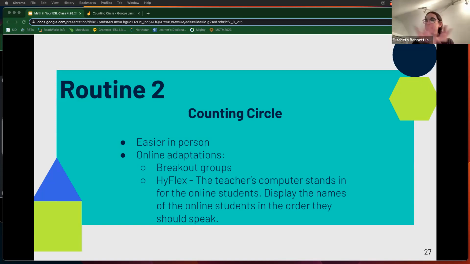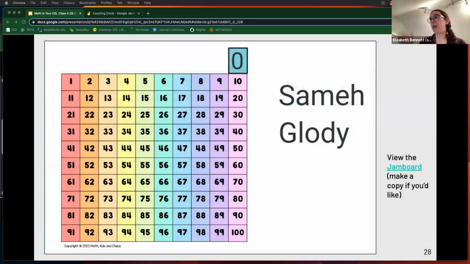If I had an entire class online and it were a large class, I might divide people into breakout groups. And then for the HyFlex option, everyone who is in the classroom stands in a circle, but then my computer and my OWL camera have a spot in the circle. And then we go around the circle. When we get to the computer, I have the online students' names displayed.